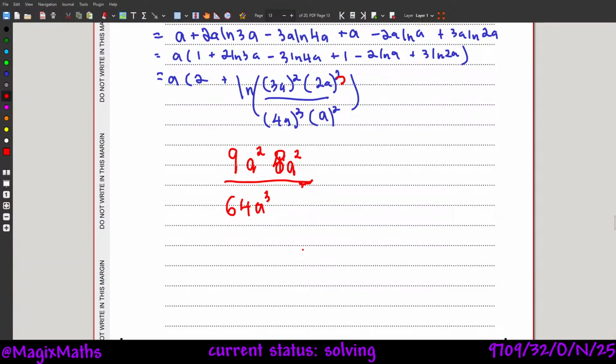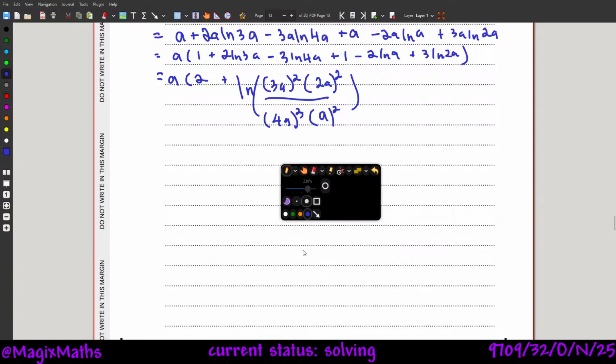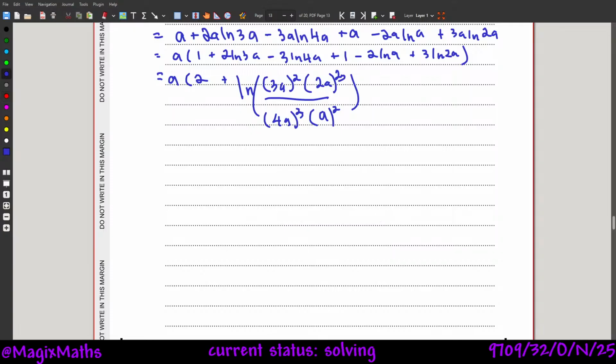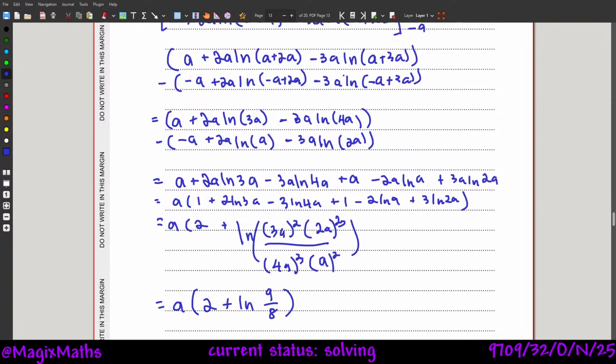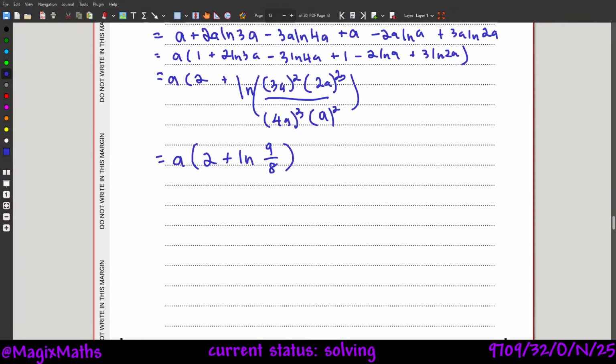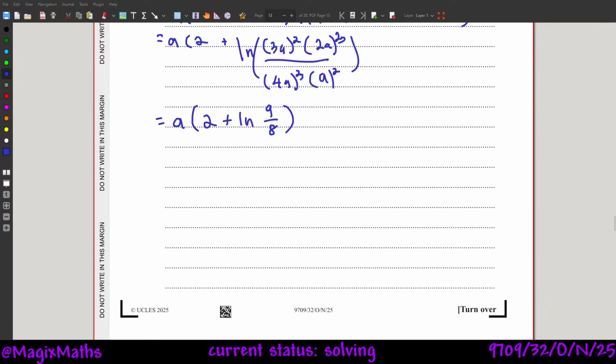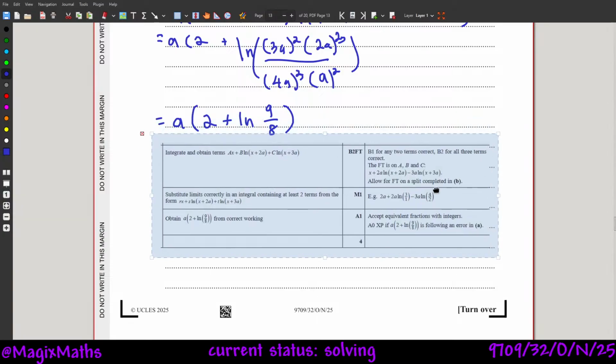So it should have been an 8 and a cube and an a squared. So cut that out, and it's 9 over 8. We'll have, and yep. So did we get the answer? Matter of fact, yes, we did.